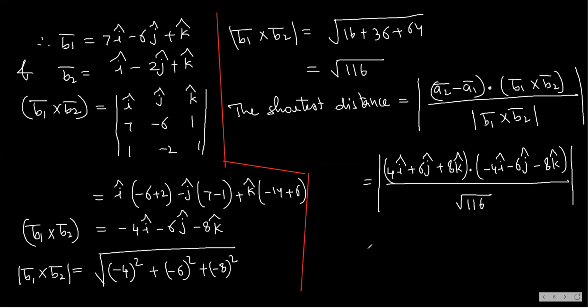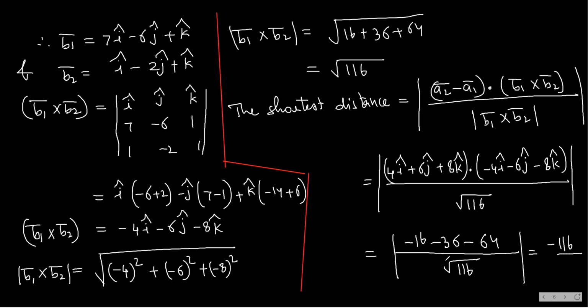I put this in a mod. So the next I get here is 4 into minus 4 is minus 16, minus 36, minus 64. Okay. See, 4 into minus 4 plus 6 into minus 6 plus 8 into minus 8 upon square root of 116. So this is equal to negative 116 upon positive square root of 116.